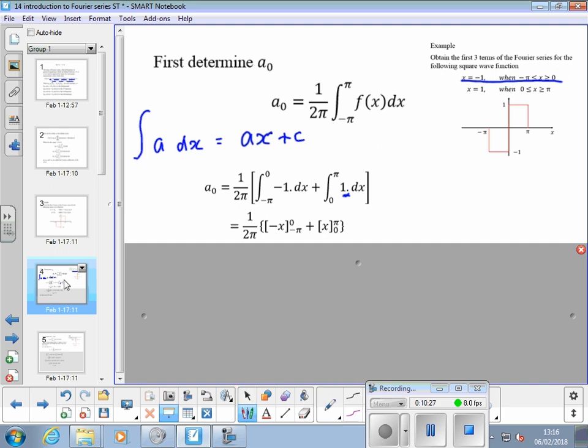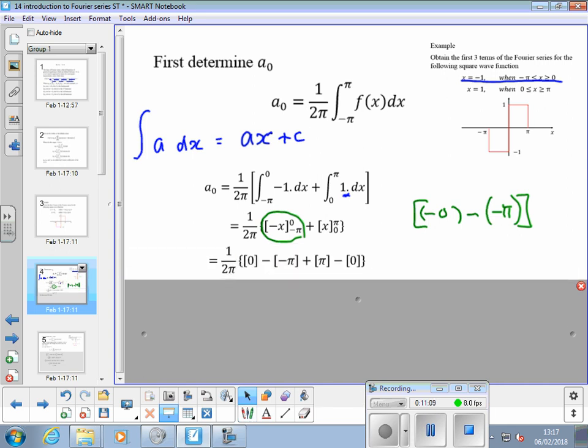For just this bit, we have to say that bit there is equal to, and then we have to put the higher limit in, so that's minus 0, I'll put that in some brackets, minus minus pi. So we've put that value in for x, and then that value in for x. And you do the same with this one.